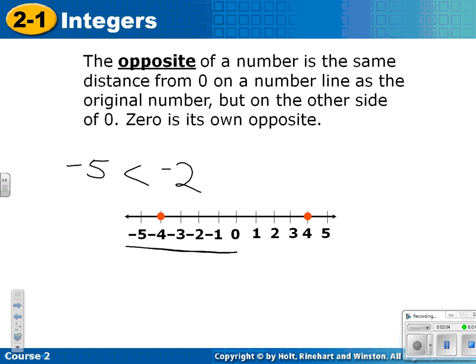Because up until now, anytime you've seen 5 and 2, the alligator is going to eat the 5. It's bigger than 2. Not on the opposite side of the number line. On the opposite side of the number line, the negative 2 is to the right. Therefore, the alligator is going to eat it.